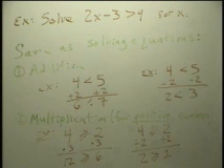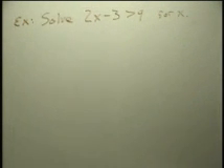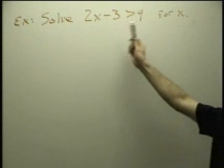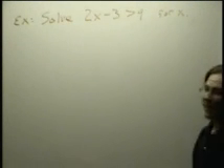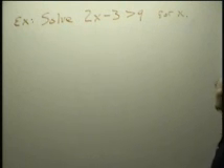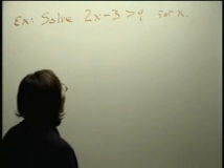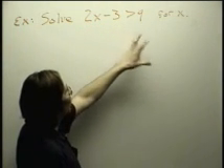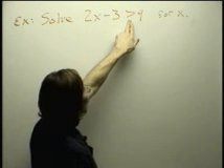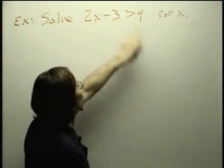and it will give me an equivalent inequality. We now have all the tools we need to solve the inequality we had at the beginning. 2x minus 3 is greater than 9. We want to solve that for x. Well, let's proceed just as though it were an equation, as though this greater than symbol were actually an equals symbol. What would we do?